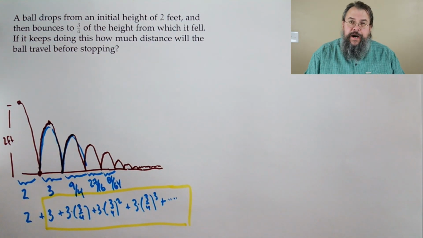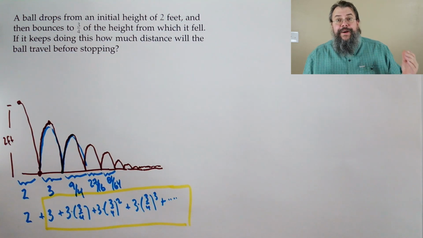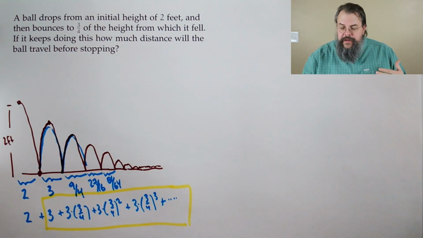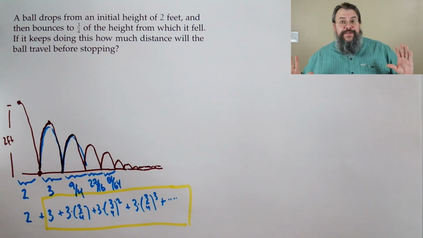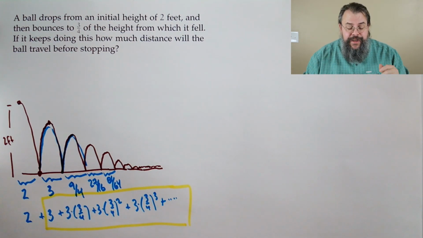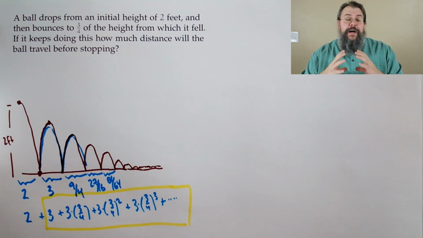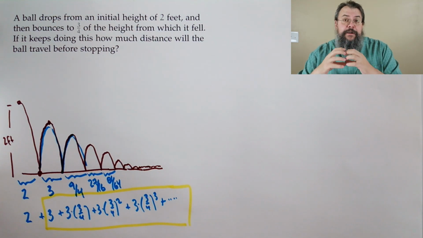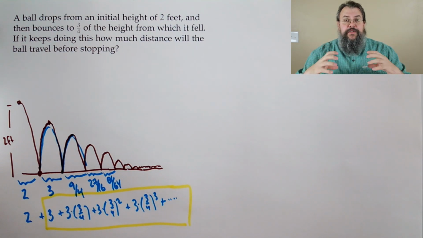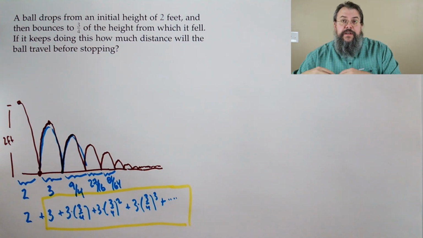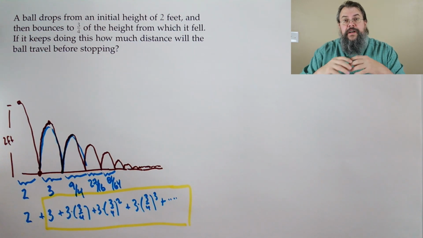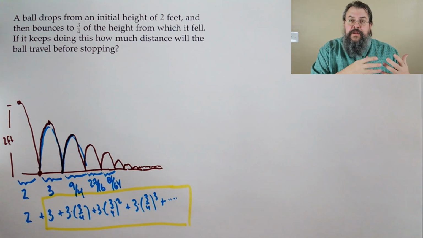There's that first drop, and then there's everything else. And the everything else is geometric, so we can apply the geometric rule to that part. So the important idea here is, even if the whole thing isn't geometric, if you have one part which is geometric, apply the rule to that part, and for everything else, do something else.